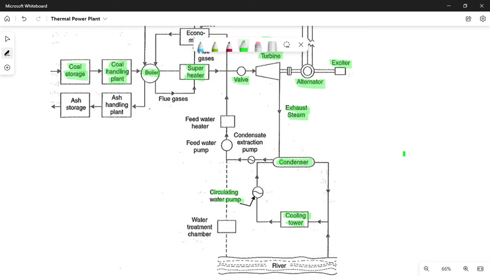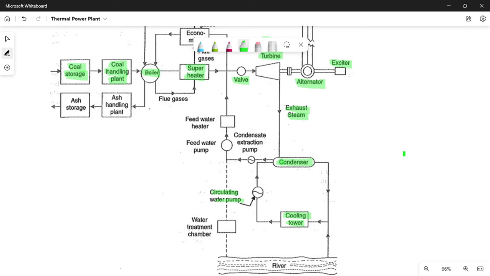So I repeat the operation once again. The exhaust steam is given to the condenser. In the condenser, the exhaust steam is passed through tubes and cooled with water. That water absorbs the heat of the exhaust steam and is then circulated through the cooling tower. In the cooling tower, the river water or fresh water is used to cool the circulating water.